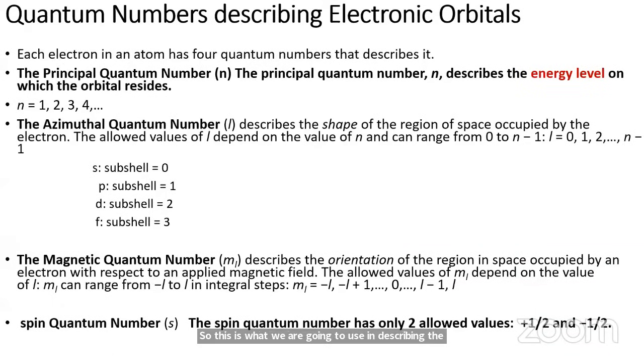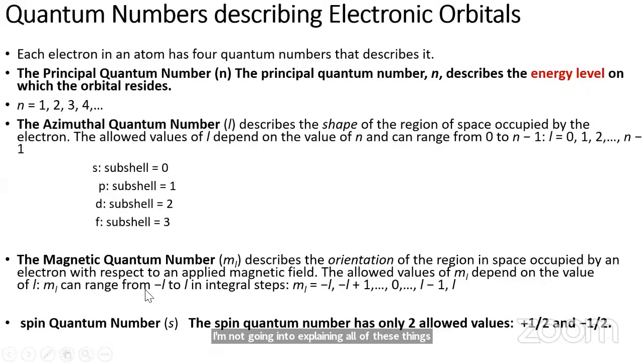You get to know what we mean when we start using them and how to use them to describe an electron in an atom. Now, the other one is your magnetic quantum number, M subscript L. It describes the orientation of the region in space occupied by an electron with respect to an applied magnetic field. I'm not going into explaining all of these things because Dr. Nejo did justice to that.